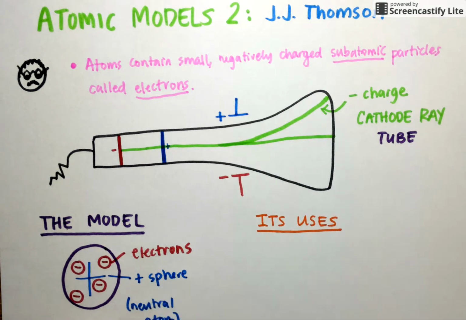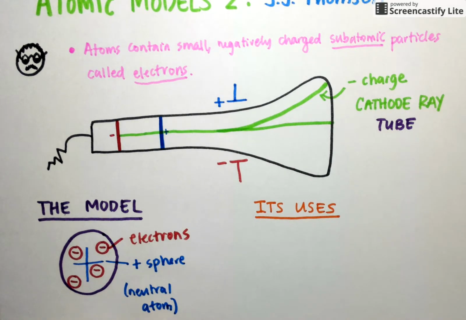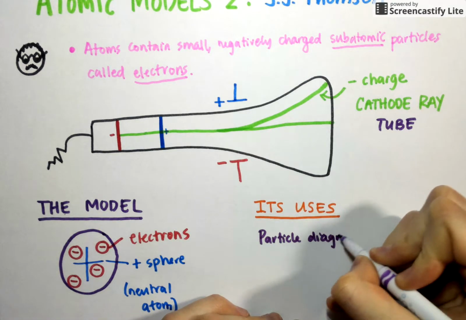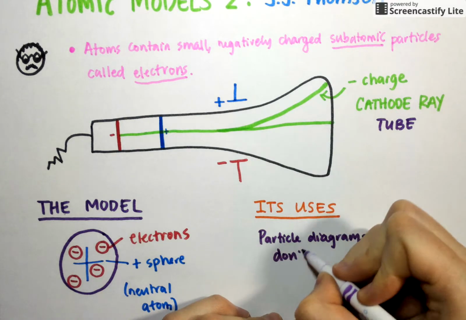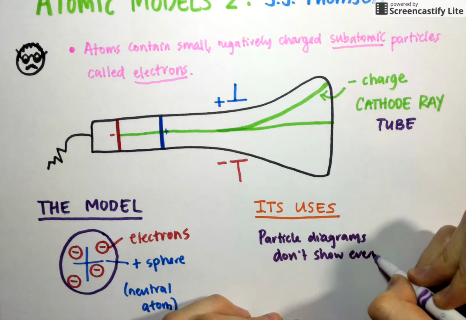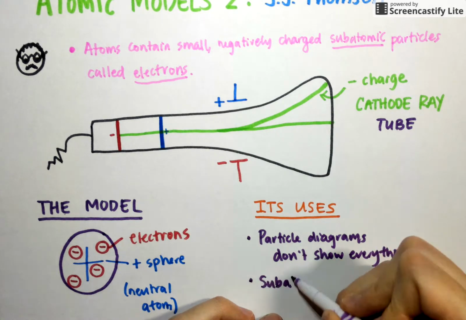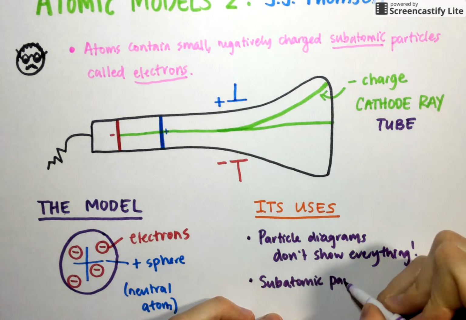So he didn't quite know how to piece together all this evidence, and the best model that he could propose was taking John Dalton's indivisible sphere and embedding inside of it these small, negatively charged subatomic particles that he called electrons.